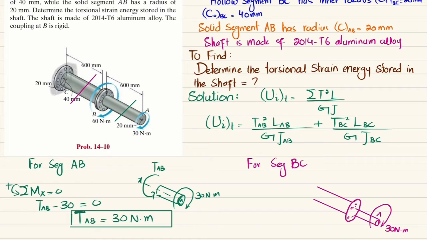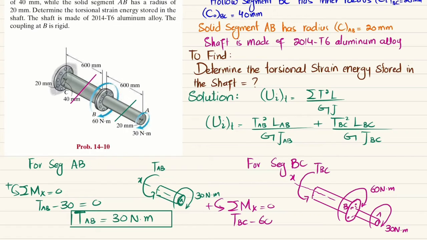This is coupling at point B, where we have a torque of 60 Newton meter clockwise. So this is the axis. The net torque will be counterclockwise, and that will be TBC. How will you find this TBC? By using the equation of equilibrium. TBC is counterclockwise, so it will be positive: TBC minus 60 minus 30 equals 0. So from here TBC will be equal to 90 Newton meter.